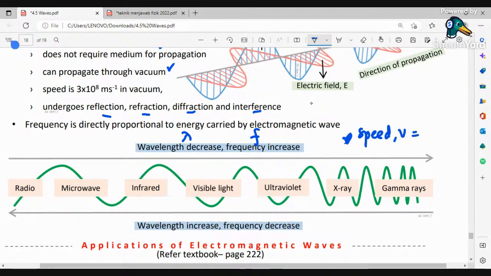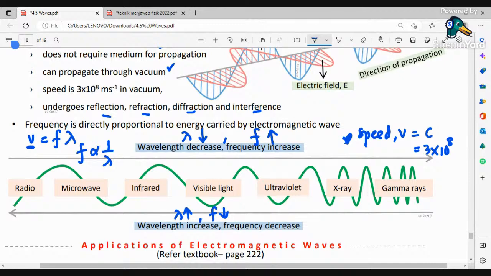Speed v equals speed of light, which means v is constant. From the formula v equals f lambda, if v is constant, f and lambda are inversely proportional. So if lambda decreases from radio to gamma, frequency increases from radio to gamma. Okay, the relationship is inversely proportional.